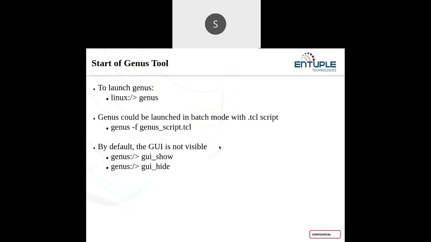In the Genus synthesis tool, by default the graphical user interface mode will not be visible. To enable that, I'll be using the command gui_show. If you want to hide it, you can go with the gui_hide option.